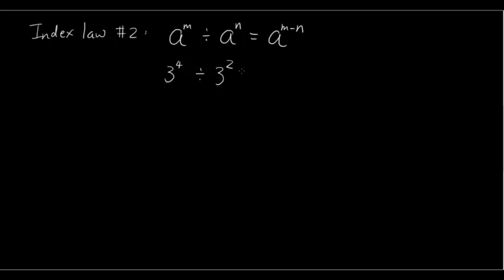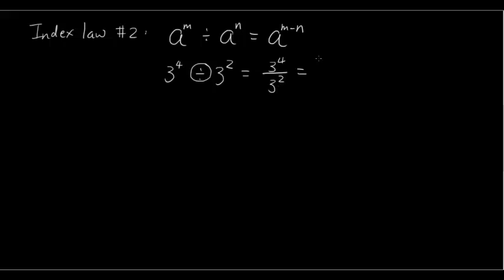Now, if you remember, dividing is the same as writing a fraction, where we write the first number on the top and the second number on the bottom. Okay, so 3 to the power of 4 divided by 3 to the power of 2.